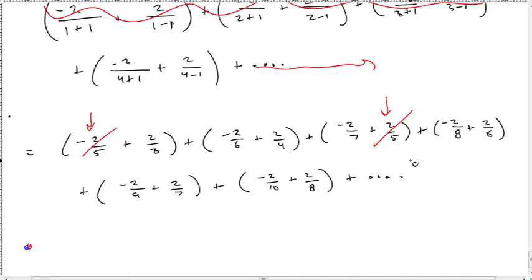I see this negative 2/6 and a positive 2/6, so those are going to cancel. I see a negative 2/7 and a positive 2/7, and those are going to cancel. I see a negative 2/8 and a positive 2/8, and those are going to cancel.